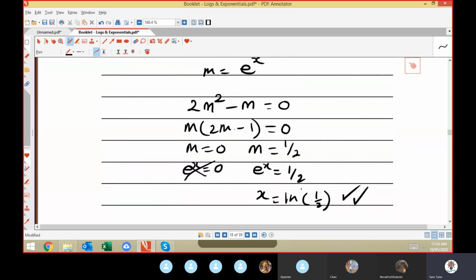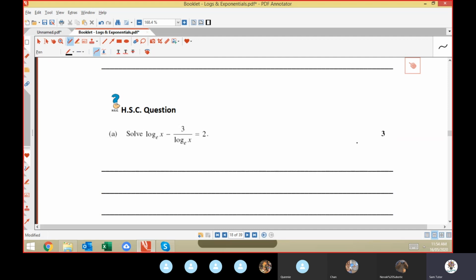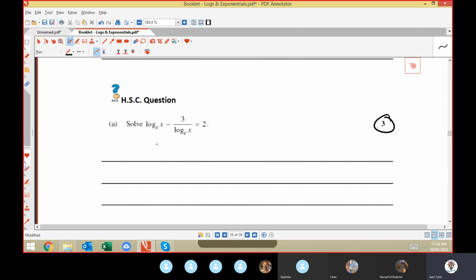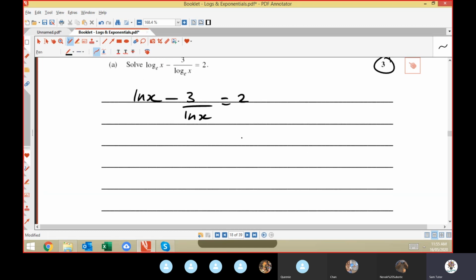Here's another one. 3 marks. So there must be a trick to it. All right, ln x, log e is ln. It's got that base e, so you can just convert that to ln. Minus 3 on ln x equals 2. At this stage, I would multiply everything by log x, so this would look like this.